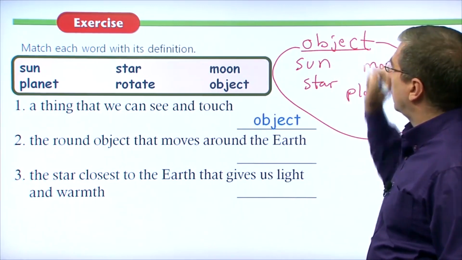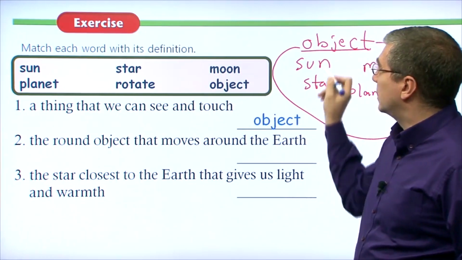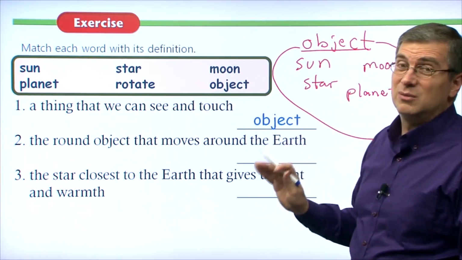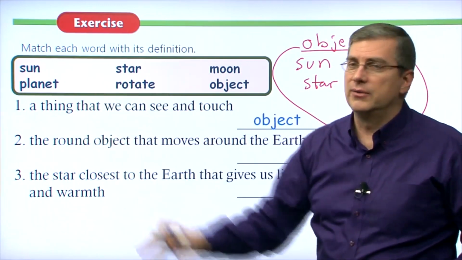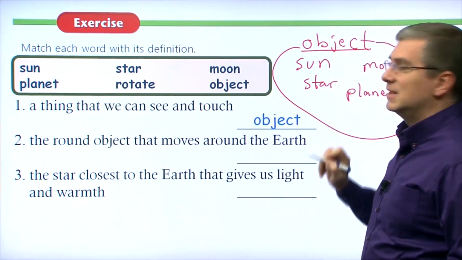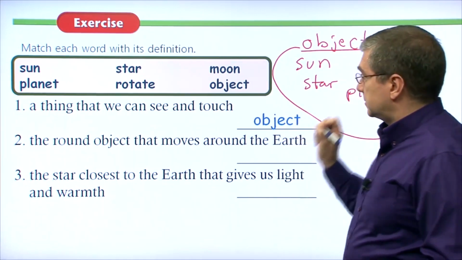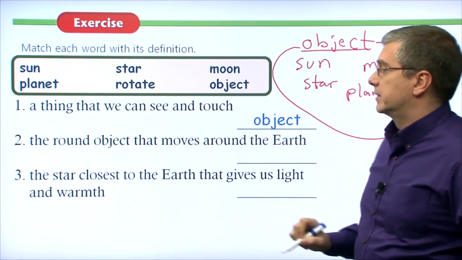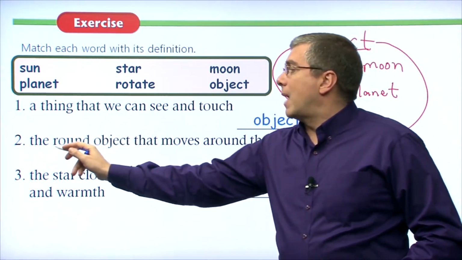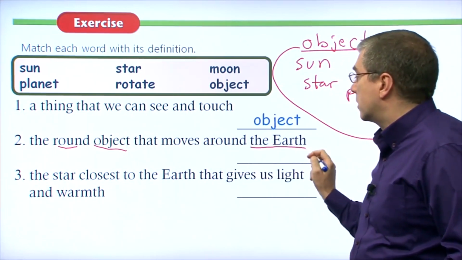But all of these things are objects. So anything that we can see and touch is an object. We can see the sun. We can't touch it. We might be able to if we could survive long enough, right? We can see it, we can see stars, we can see moons, and we can see planets. So those are things we can see and touch. They are all objects.